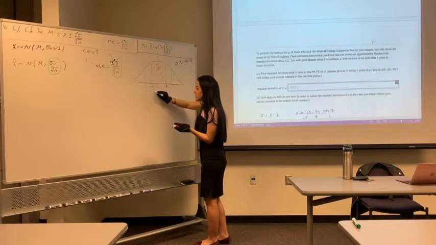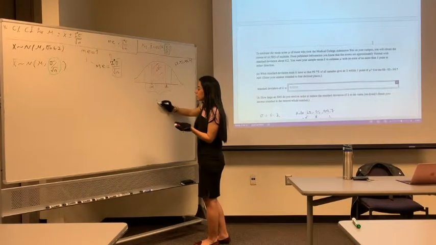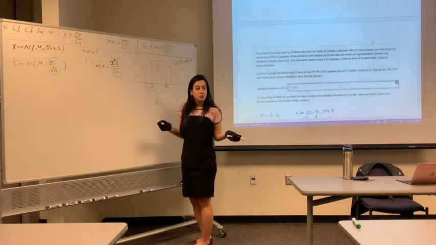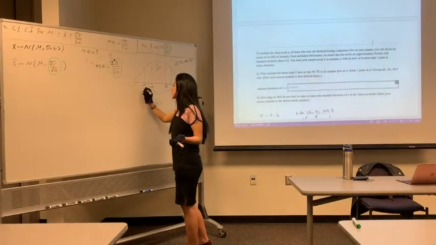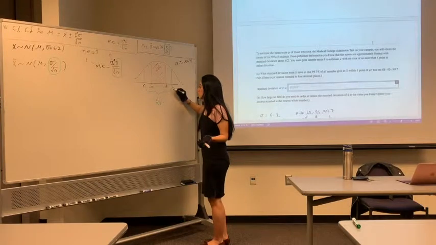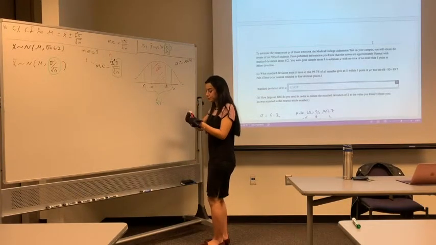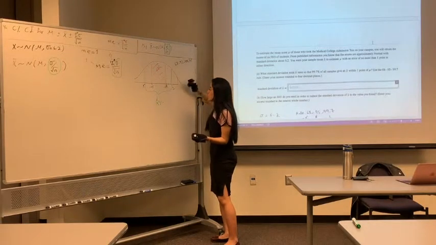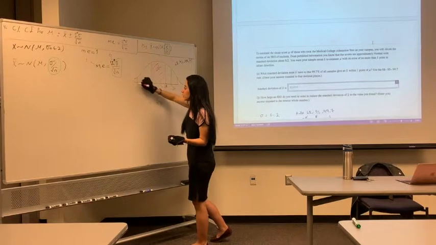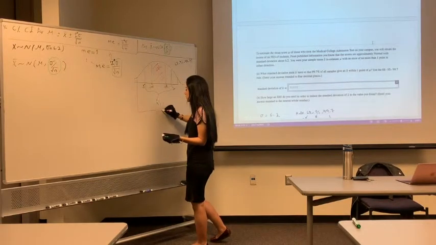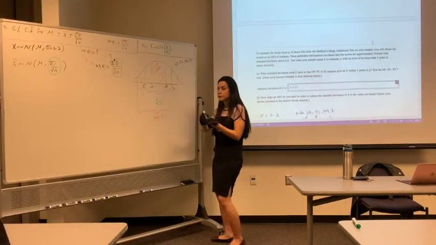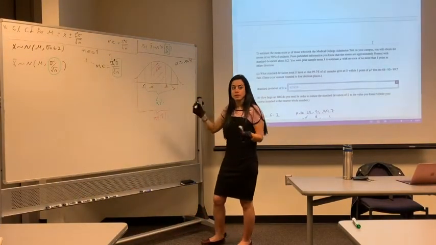Then we have 95%. And for this one, it is between minus 2 sigma and plus 2 sigma, correct? Then the last one is the one they are talking about, 99.7%, right? Within how many sigma?